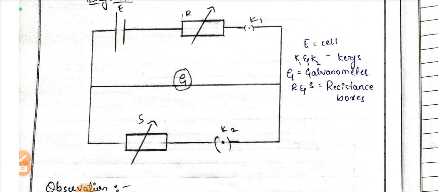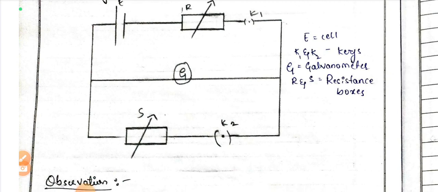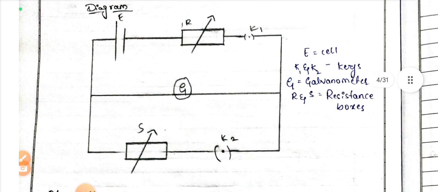Capital R means high resistance and small r means small or shunt resistance. The other end is connected to K2, and K2 is connected back to G, or we can connect in other ways also. So here the diagram is there.